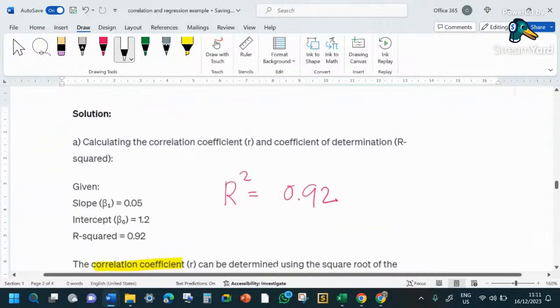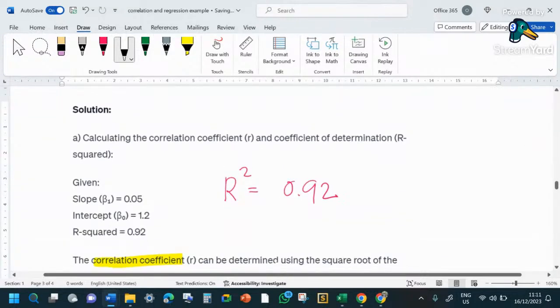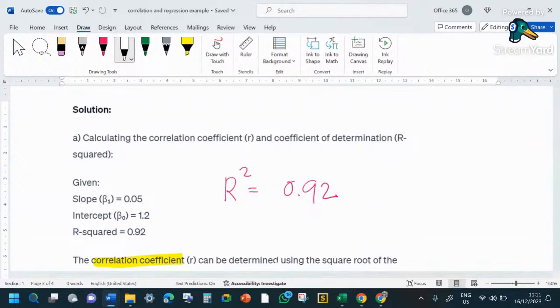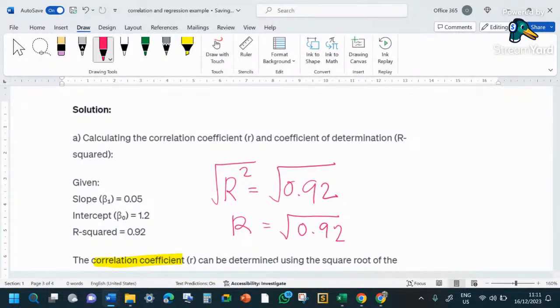You use that to get the correlation coefficient. So, R square is equal to 0.92. Because this is an R square, you have to get the R. How do we get R here? You extract the square root on both sides of the equation. So R will be the square root of 0.92.